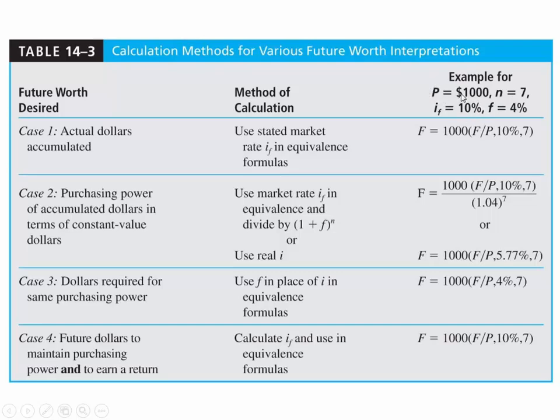The combined market interest rate is 10%, and that 10% accounts for inflation and the real interest rate, both of them together. And the inflation rate component of it by itself is 4%. And so when you're calculating the actual number of future dollars, this is illustrating that you'd use the I sub F, which is the market interest rate.